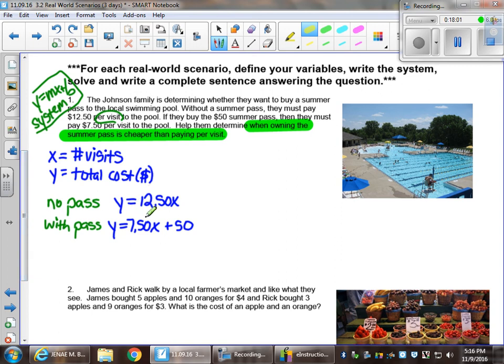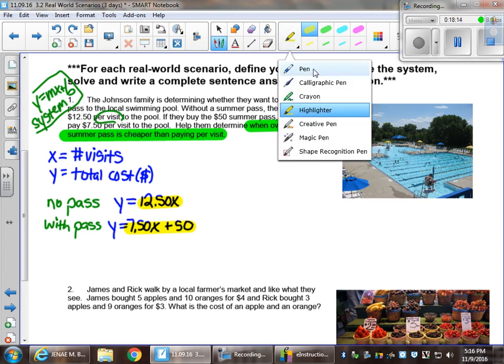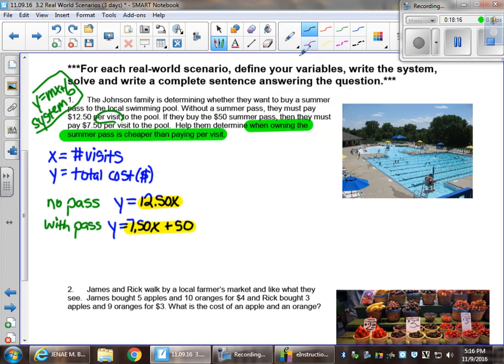So to know when they're equal first, because I need to know when they're equal to know next how to figure out which is cheaper, we're going to set this one equal to this one. So that will look like 12.50x equals 7.50x plus 50. Let's solve for x. To do that, we'll subtract 7.50x from both sides.